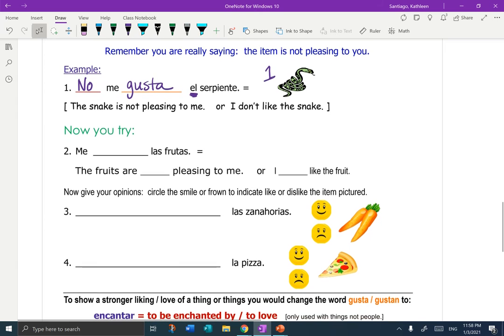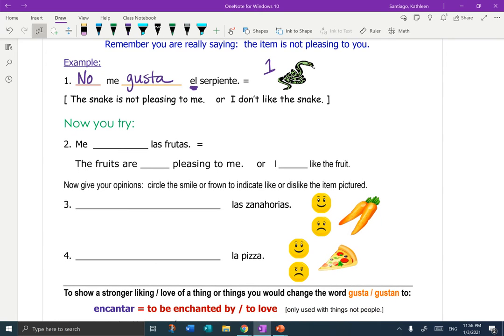Me blank las frutas. Because frutas is plural, would it be gusta or gustan? It would be gustan. How do you make it negative?